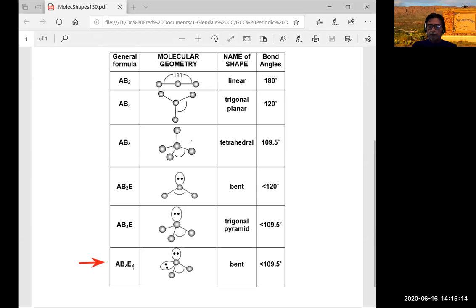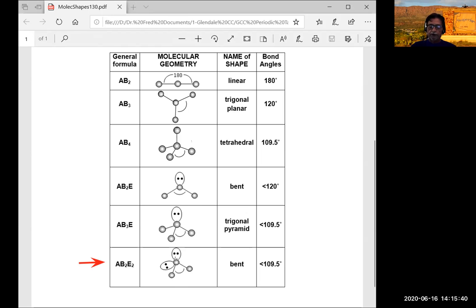Okay. Remember, A represents a central atom, and it's always going to be 1. B can be from 1 to 4 maximum, and E can be from 0 to at least 2, the number. Okay, and here now you can see the general molecular geometry 3-dimensionally.